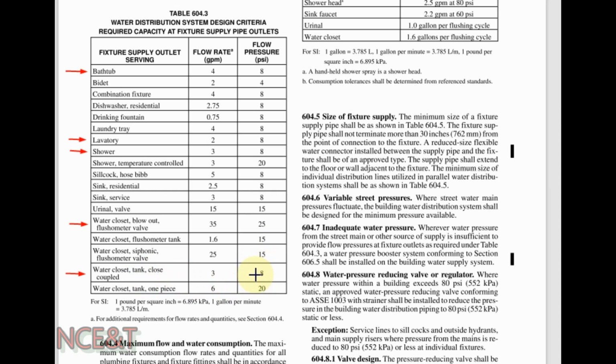So if we are using all the sanitary fixtures without flush valve, then we can use the pressure at the rate of 8 psi, and the GPM, the quantity of water supply, you can select from this column. But if we are using flush valve for the sanitary fixtures, then you need to arrange the pressure as per recommended in this column.